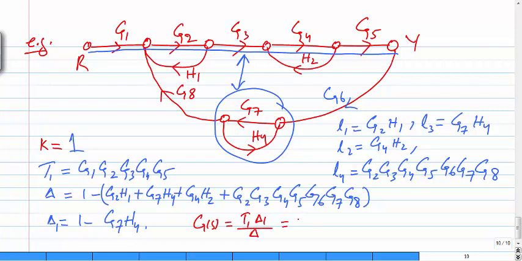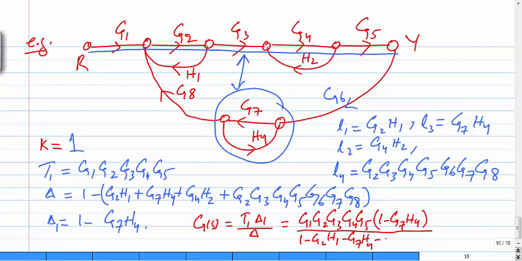Now T1 is G1, G2, G3, G4, G5 times 1 minus G7 H4 whole, divided by 1 minus G2 H1 minus G7 H4 minus G4 H2 minus G2 G3 G4 G5 G6 G7 and G8.